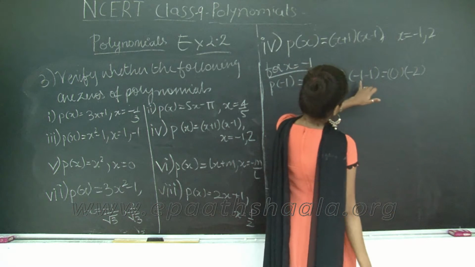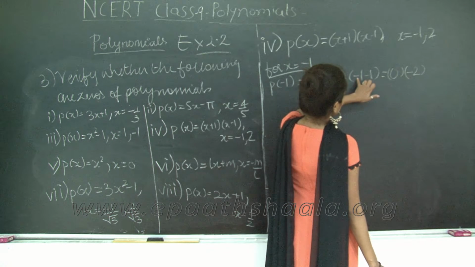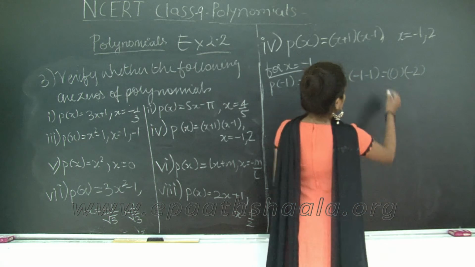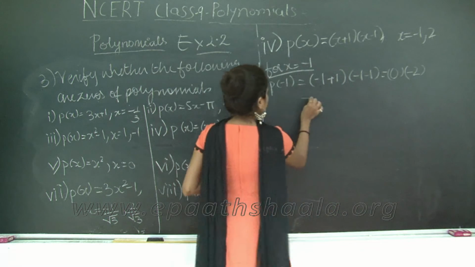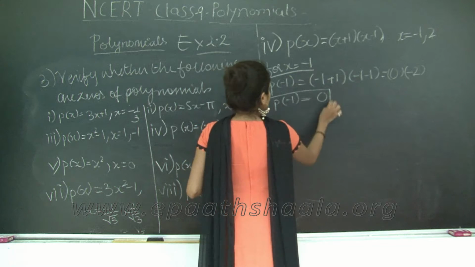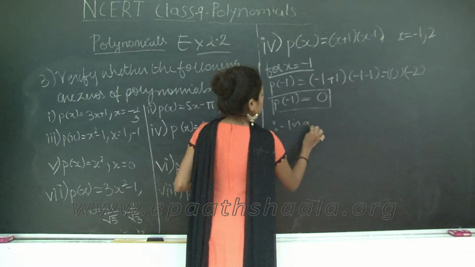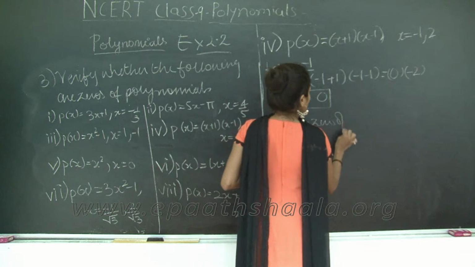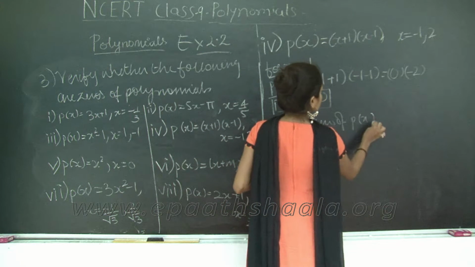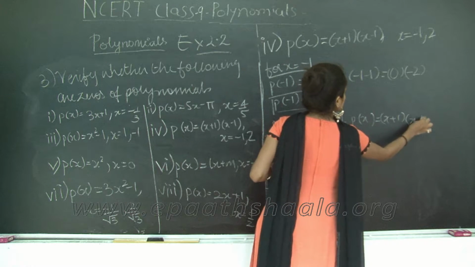So -2 anyway, and 0 into -2 is going to give me 0. So p(-1) is giving me 0. Therefore -1 is a zero of polynomial p(x) = (x + 1)(x - 1).